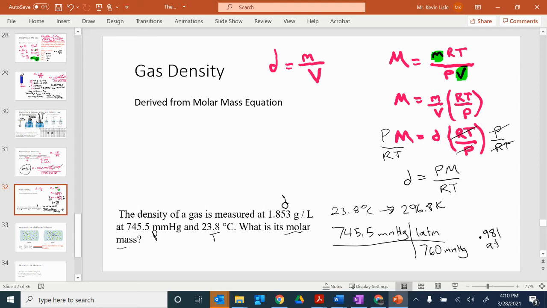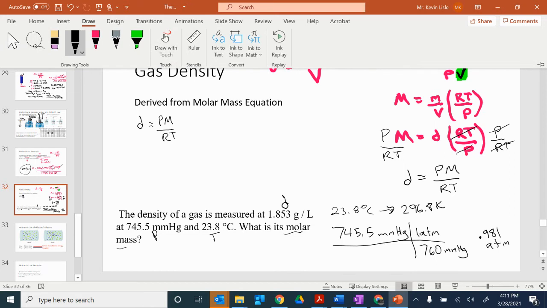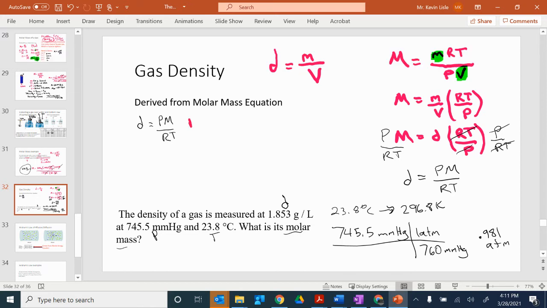And I'm going to do a little rearrangement of my equation. I really want molar mass, right? So if I take my density equation, D equals PM over RT, I can reverse what I had done previously and multiply both sides by RT over P, and that's going to give me molar mass by itself.